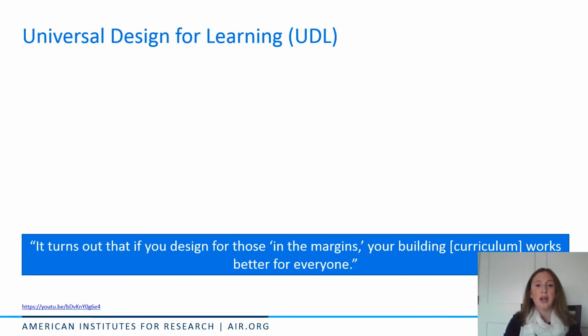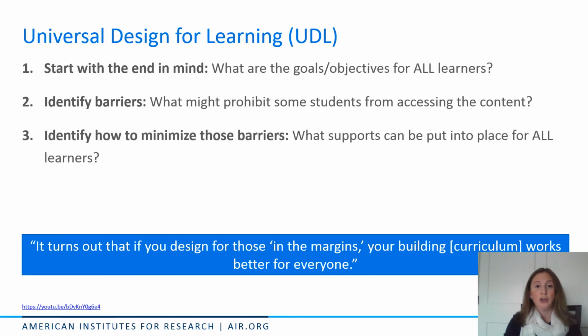To implement UDL, there are three initial things we need to do. First, we need to identify the goal of our instruction. Start with the end in mind. Then we need to identify barriers, asking ourselves what might prohibit students from accessing the content, thinking specifically about our students in the margins.